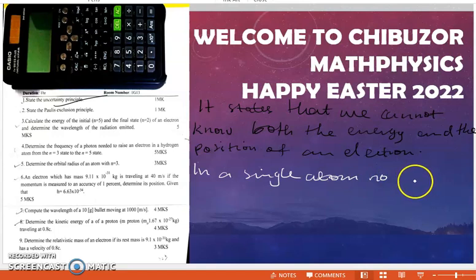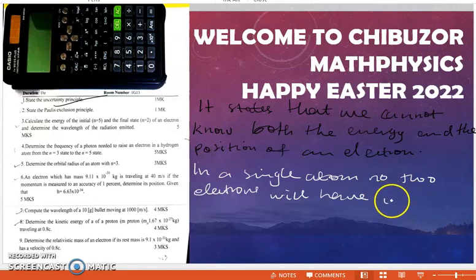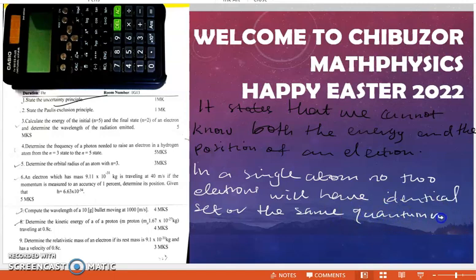there are no two electrons that will have identical sets, or let's say the same identical set of quantum numbers.